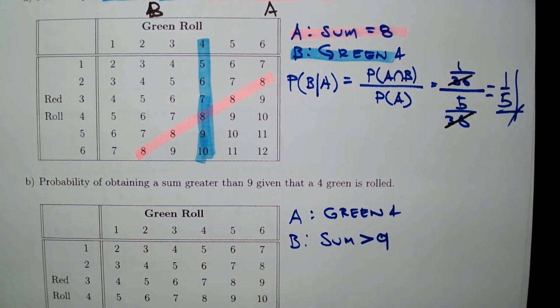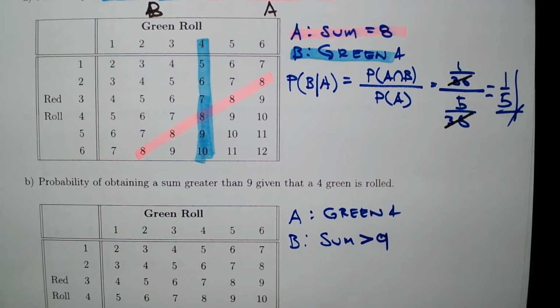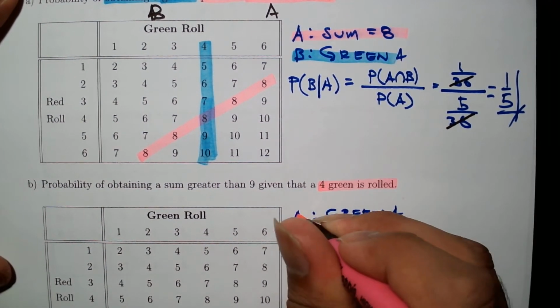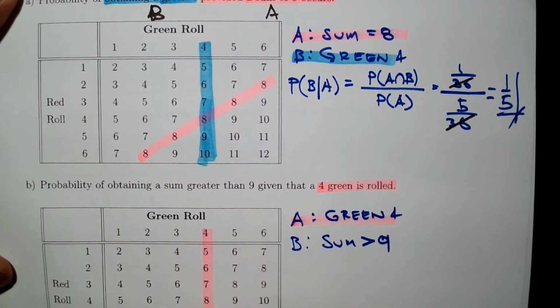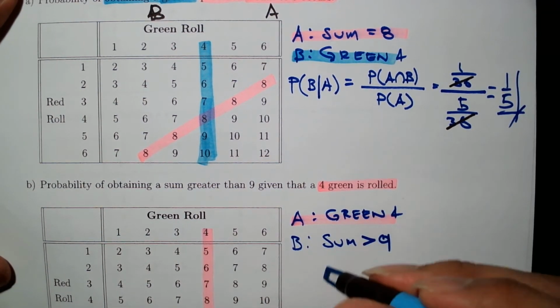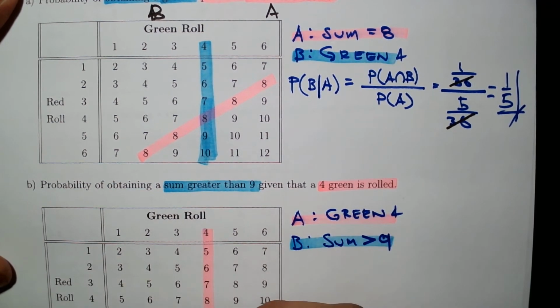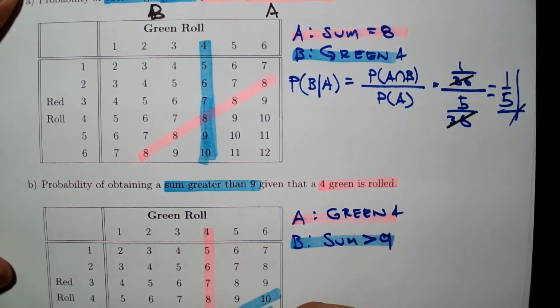Be careful with that. So it's just greater than 9. Let's highlight event A, which is green 4, like this, and sum greater than 9, which in this case is all these outcomes.